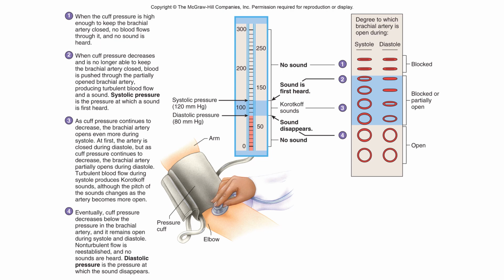Once you stop hearing those sounds, that means the artery is completely open during diastole, and you have no more turbulent flow, it's all laminar flow, which means the cuff pressure is equal to the diastolic pressure at that point. So again, understand what it is you're looking at when you take a blood pressure from the cuff.